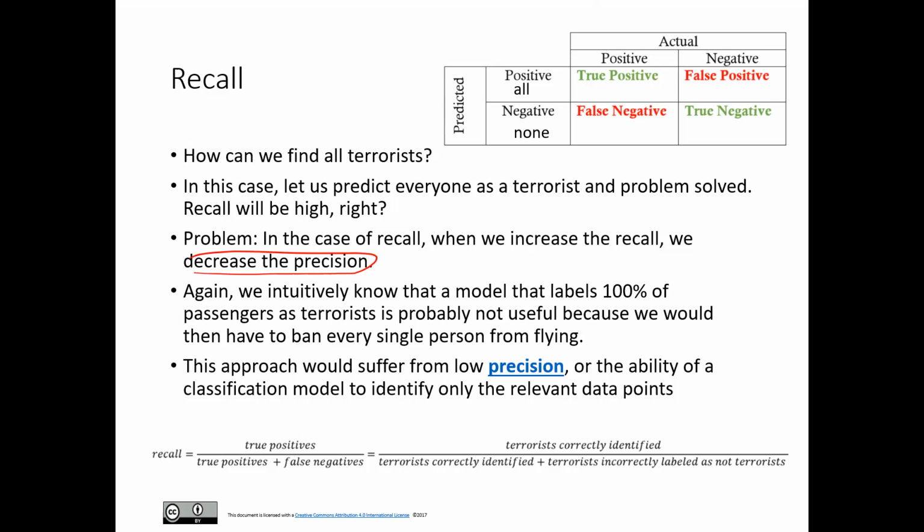Intuitively, a model that labels 100% of passengers as terrorists is not useful because we would have to ban every single person from flying. Remember, we had 800 million passengers, and only 19 were terrorists. This doesn't work, even though our recall will be 100%.